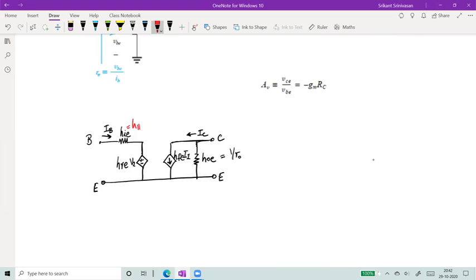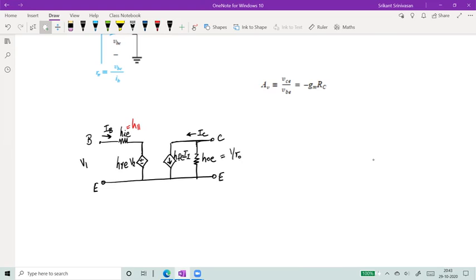In the case of transistors, you use the E if it's a common emitter. If it's a common base transistor, you would put HIB, for example. Then there is the reverse voltage gain, HRE times V2, just like what we had earlier. So the input is V1, and V1 is IB times H11, which is R pi, plus HRE times V2.